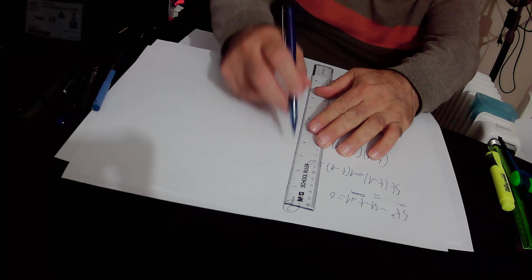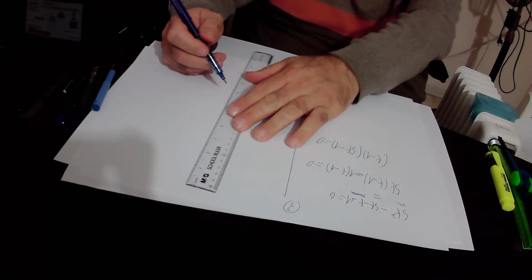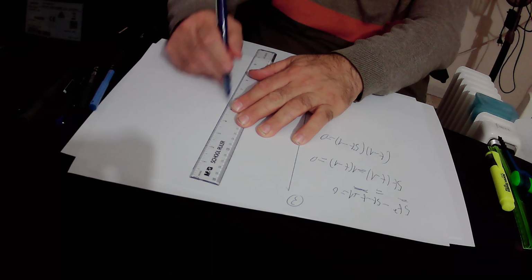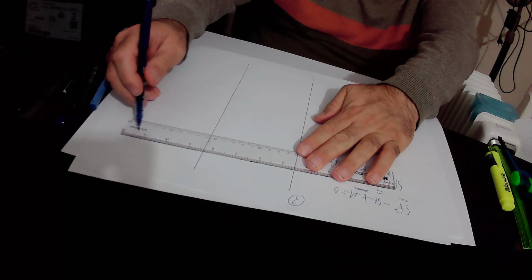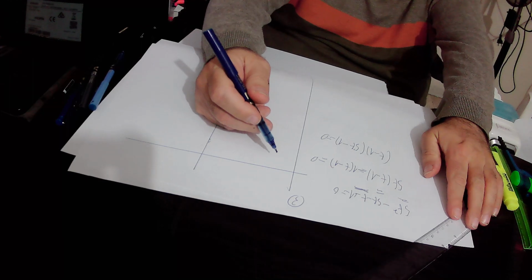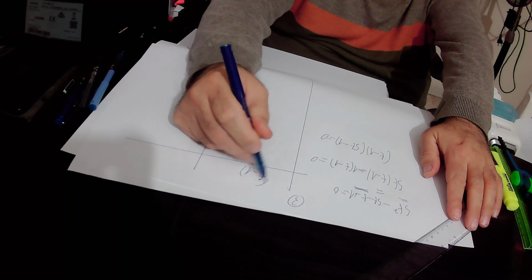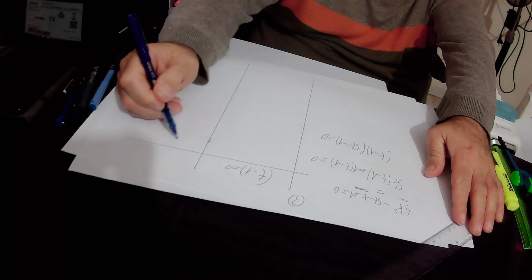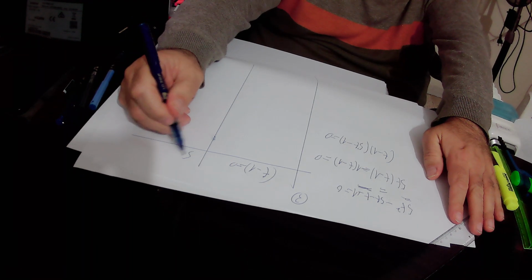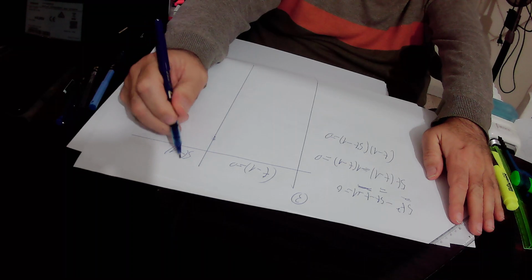Either t minus 1 equals 0, or 5t minus 1 equals 0.